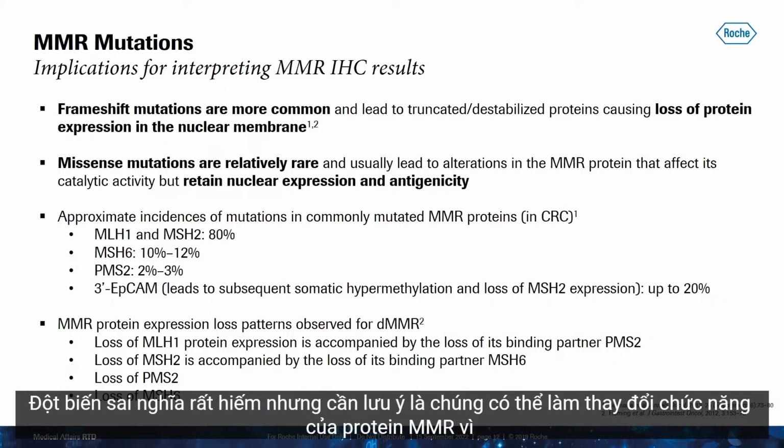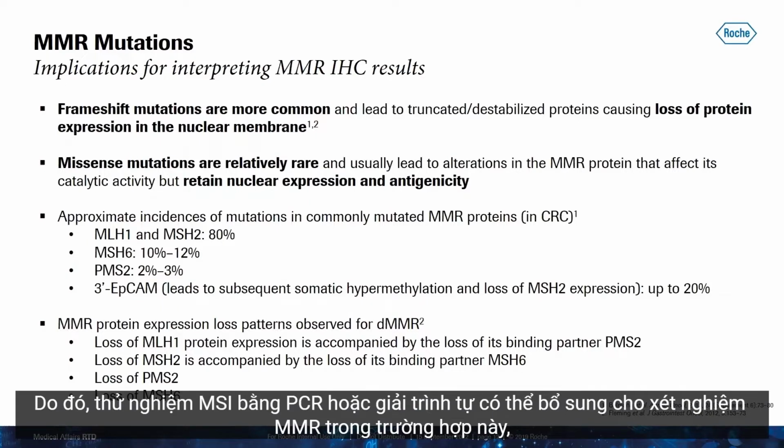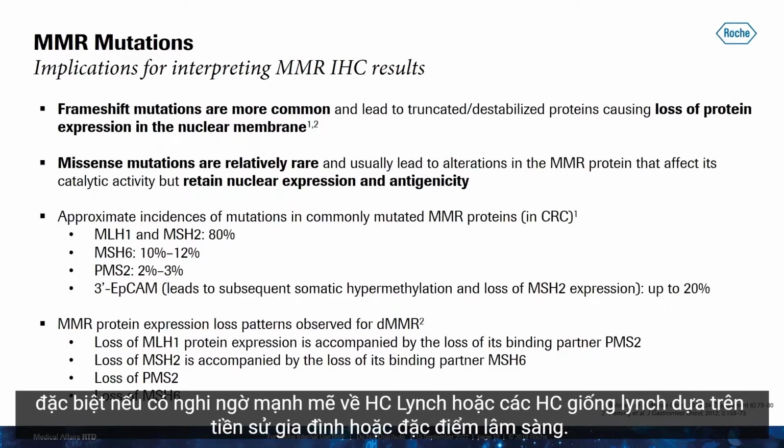Missense mutations are rare, but it's important to note that these may alter the function of the MMR protein because the nuclear expression and antigenicity are retained. Thus, MSI testing using PCR or sequencing can complement MMR testing in this scenario, especially if there is strong suspicion of Lynch or Lynch-like syndromes based upon family history or clinical characteristics.